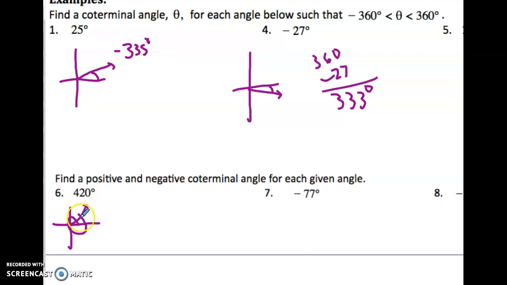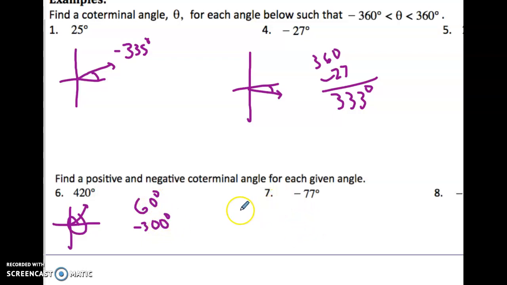So one positive one would be just to have 60, just that little piece of it, so minus the 360 there. Another, a negative one, is if we think if we're going around this way, it's 360 minus the 60, so it'd be negative 300. So there's a positive coterminal angle and a negative coterminal angle.